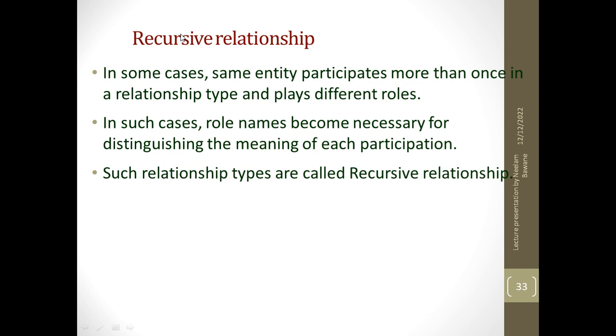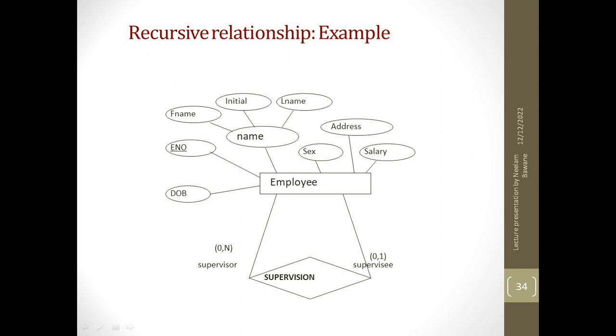Recursive relationship. Now in a recursive relationship, the entity will be involved more than once in the relationship. As you can see, every employee will have a supervisor, which will again be an employee. So there is a supervision relationship between employee and another employee.